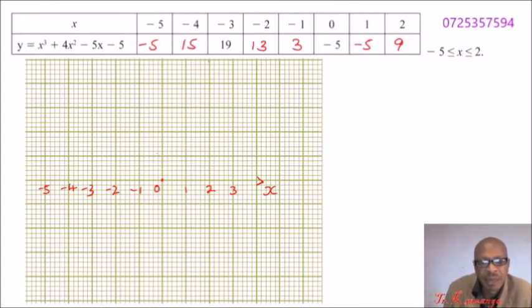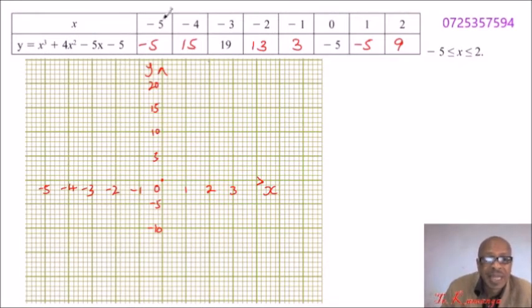On this axis we can use 5, 10, 15, 20, and this is our y-axis. This is minus 5, we have minus 10. So with that, we can now plot the points that we have.